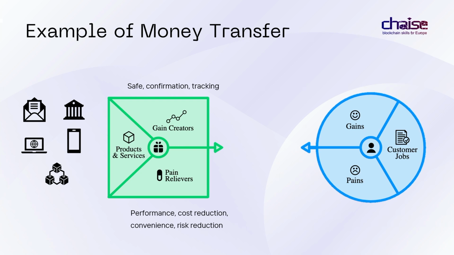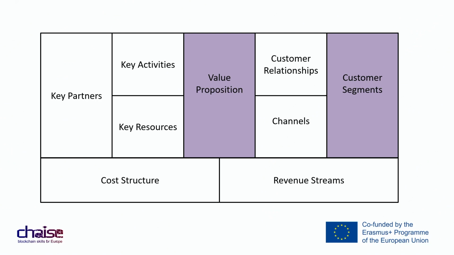And that's a good recipe for failure. Rather, we want to begin with the customer segment and then figure out how we can deliver value for those customers. Value proposition and customer segment constitute these two building blocks of this business model canvas.